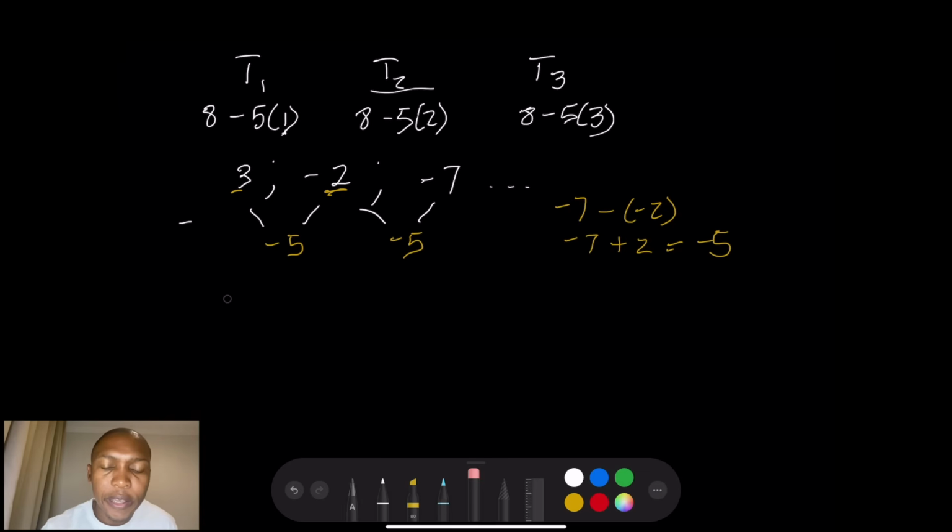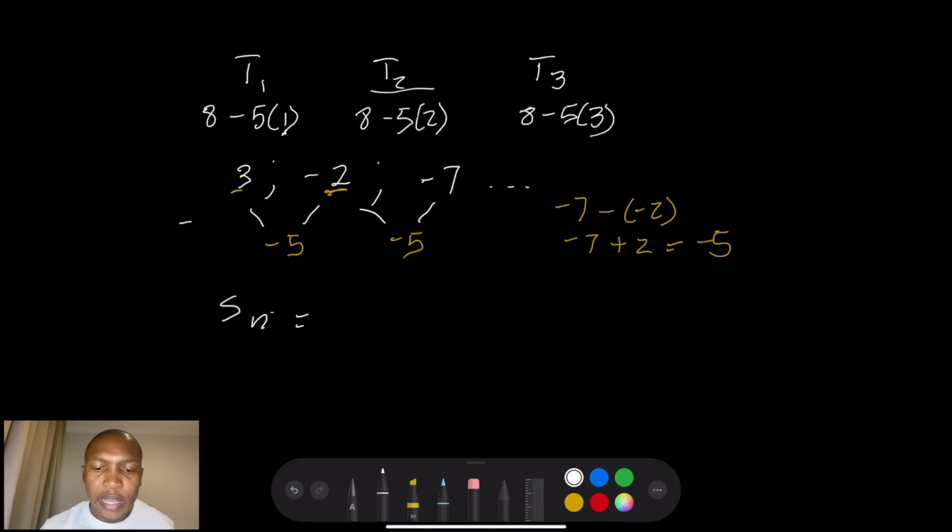So I'm going to take S30. Remember the formula. Let me just write the formula in the general form first.